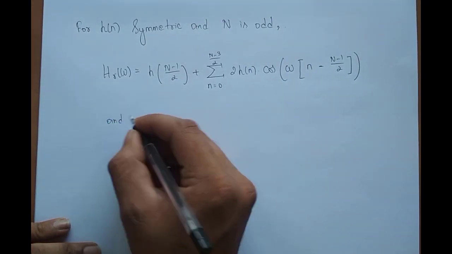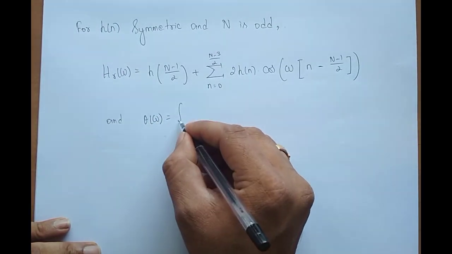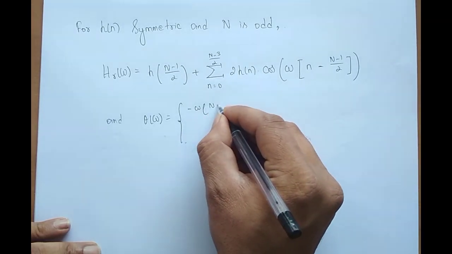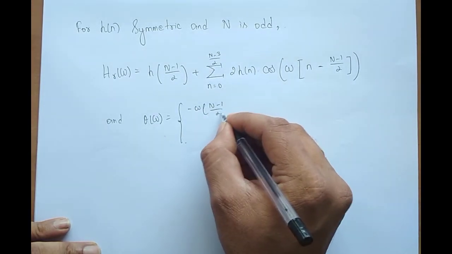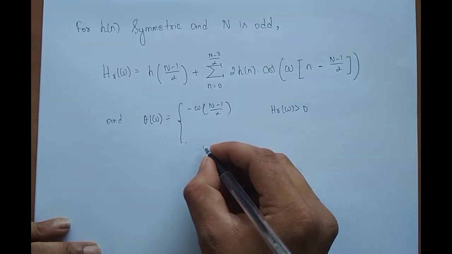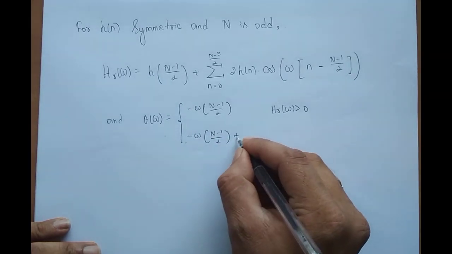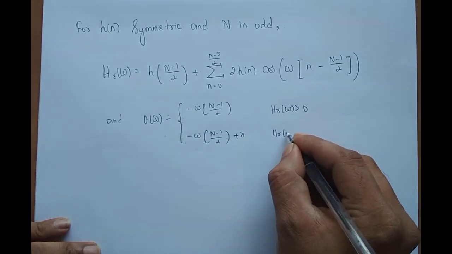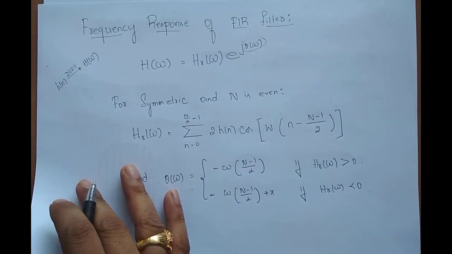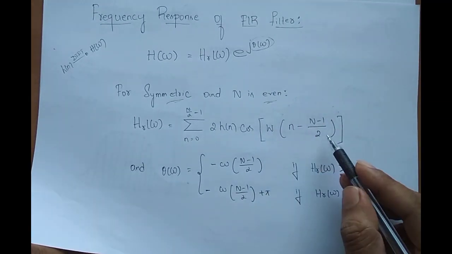And theta of omega is the same as for N even: minus omega into (N minus 1)/2 for H_R of omega greater than 0, and minus omega into (N minus 1)/2 plus pi for H_R of omega less than 0.